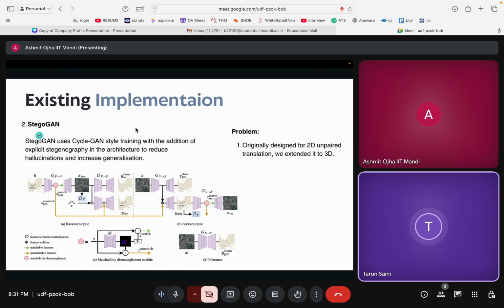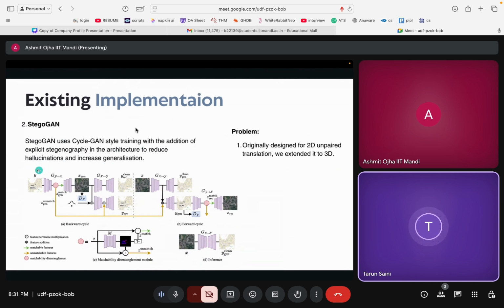The second architecture that we studied is StegoGAN. StegoGAN uses CycleGAN-type training, but it additionally adds a steganographic module that uses steganography to suppress the hallucinations.